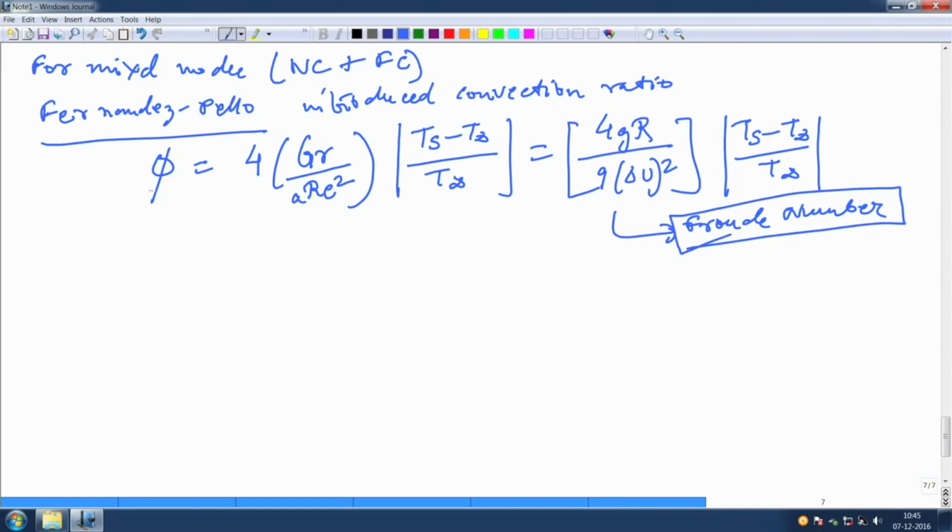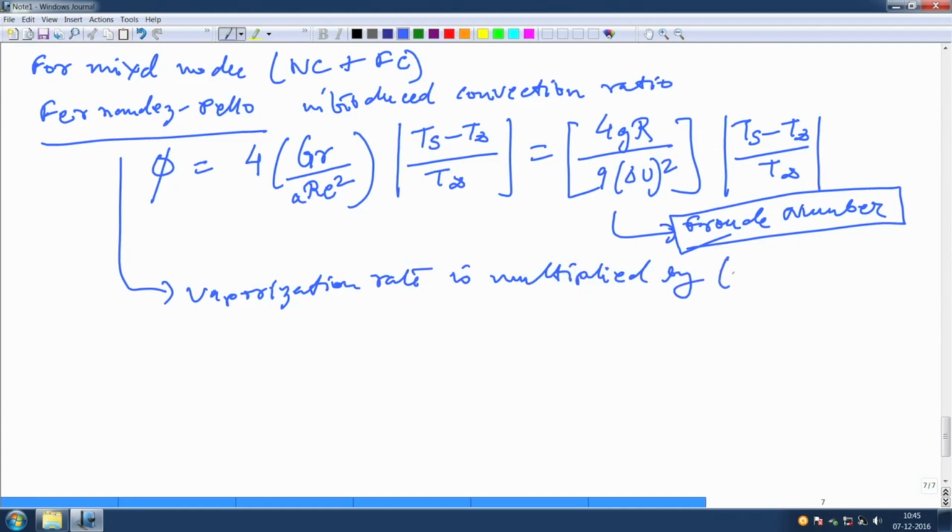Okay. So, he found that when we use this to calculate the vaporization rate, it is multiplied by, so whatever the vaporization rate was earlier is multiplied by phi square to the power of 1 by 8.